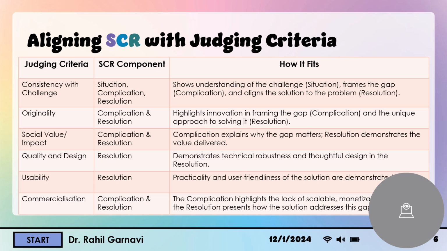This is where you show the significance of the problem and why solving it could make a meaningful difference. It also touches on commercialization by identifying the lack of scalable or monetizable solutions in the current landscape. Highlighting this gap sets the stage for your solution's potential impact and market relevance.